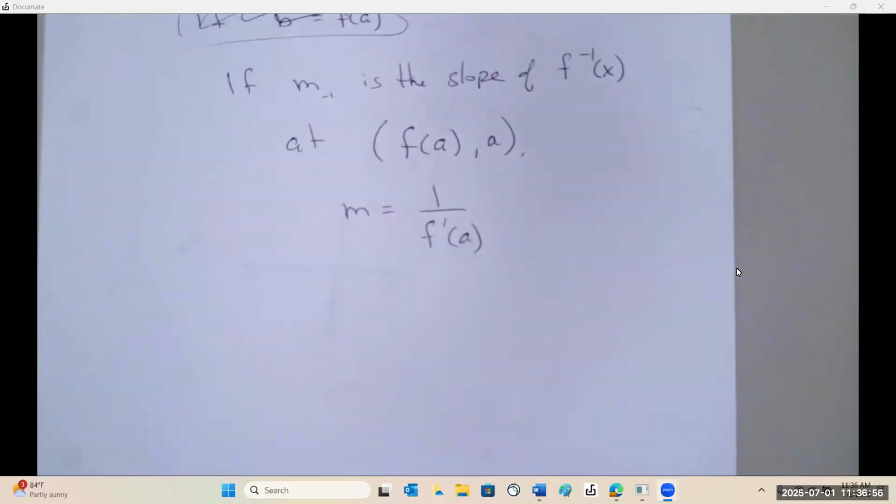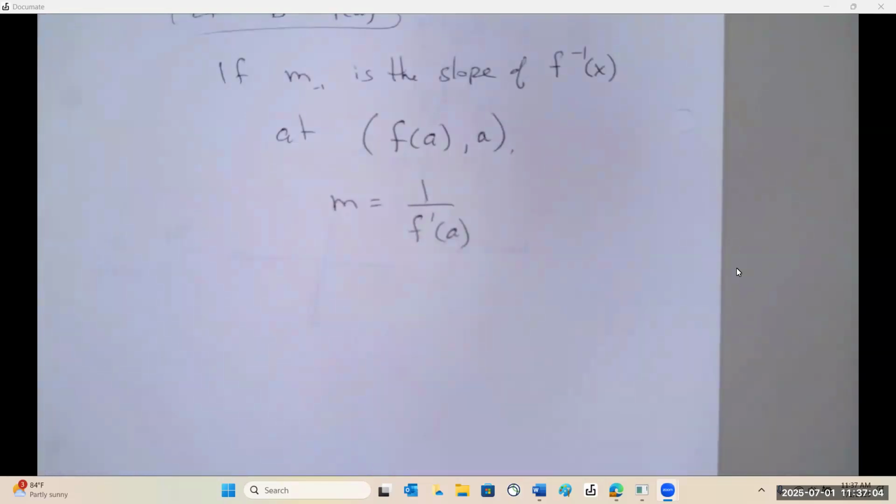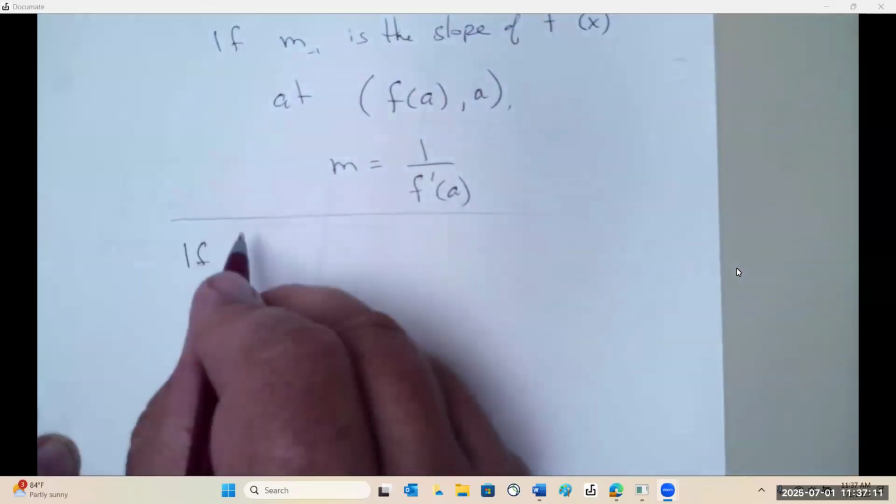Remember, we just saw that a second ago with our two slopes? The slope of a regular function and the slope of the inverse are simply reciprocals of each other. Now I'm going to convert these.